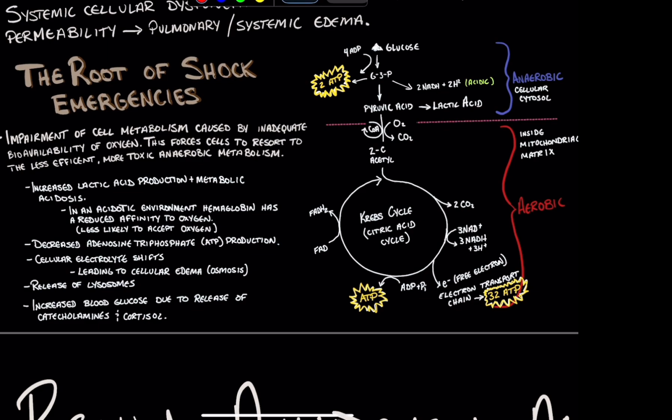So again, in the shock state, when we don't have oxygen available to the cell, it relies on this toxic, inefficient energy method, which builds up all these waste products really quickly in the body.